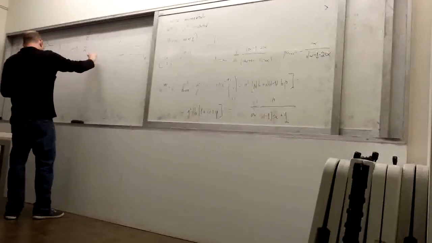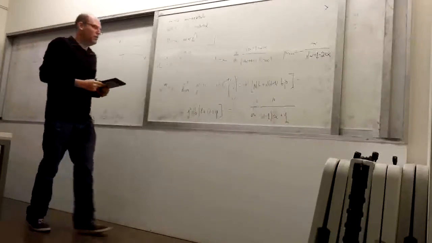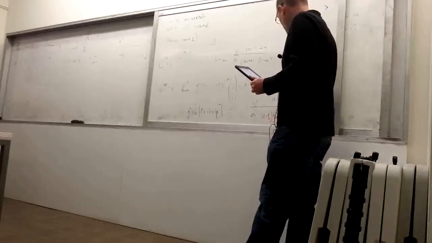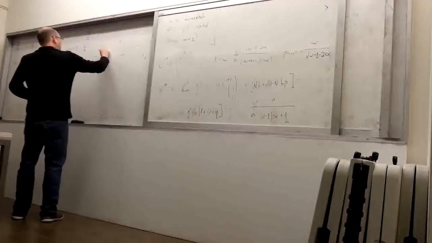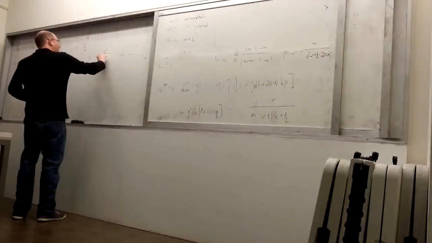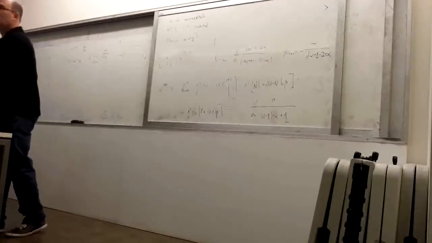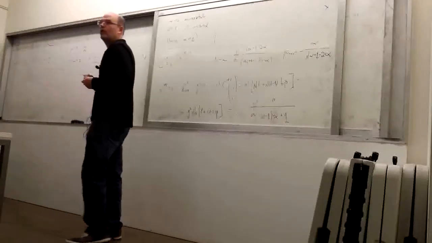So d prime squared, when n goes to infinity, we can forget about this, we can forget about this, so we have just 1 over alpha. So we have g squared divided by alpha. Remember, alpha is smaller than 1.